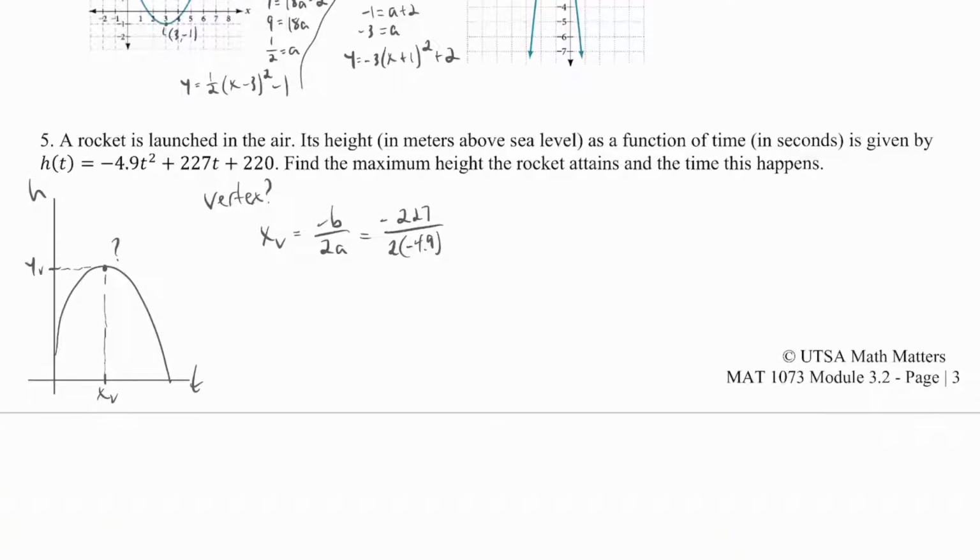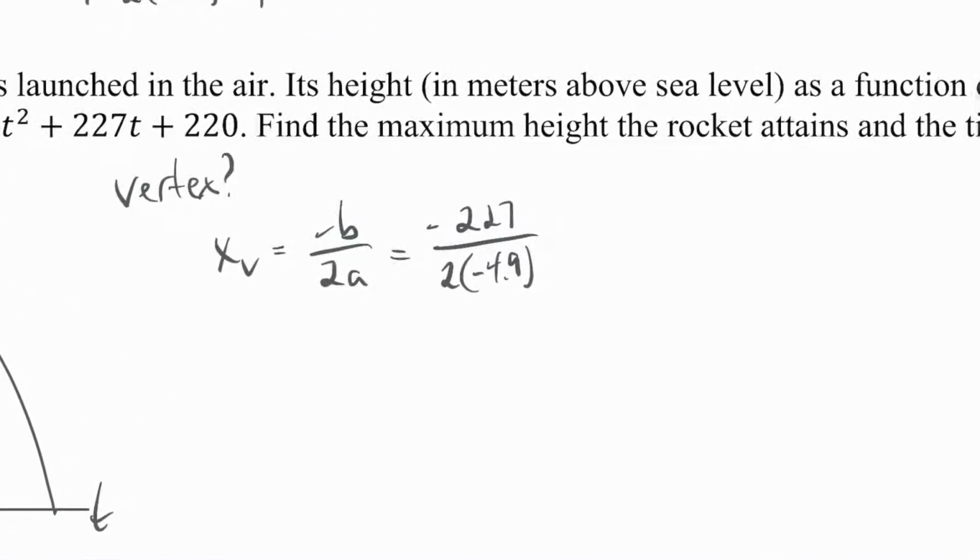Yeah, I guess I want a decimal approximation at some point, but I think I'll do this. I'll say 227 over 9.8. Does that reduce? Maybe not. I can write this as 2270 over 98, and then that reduces. So it's 1135 over 49.